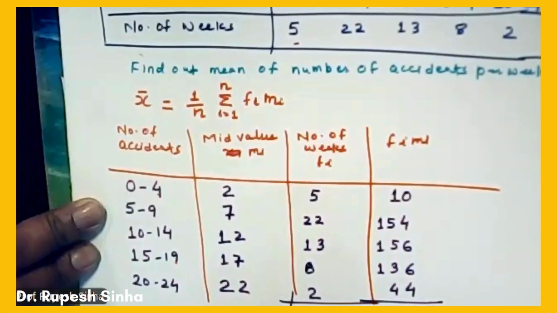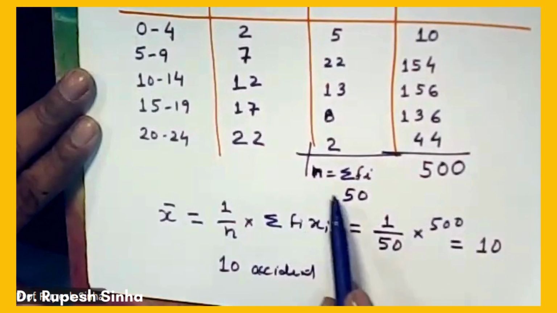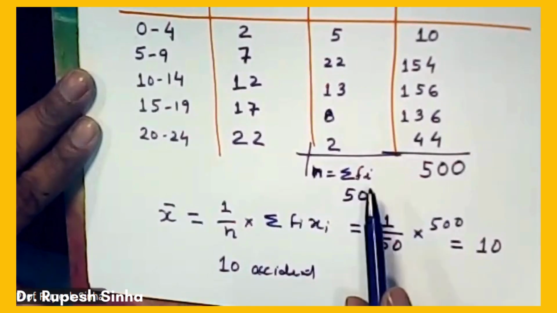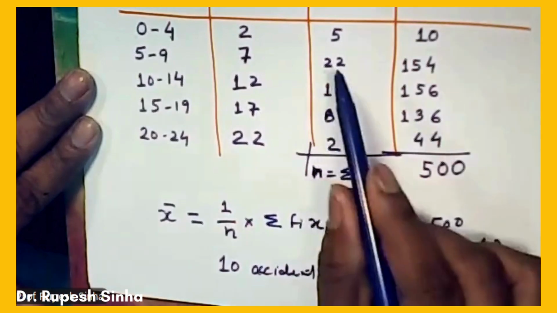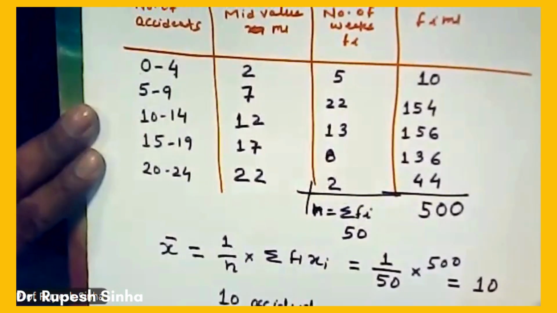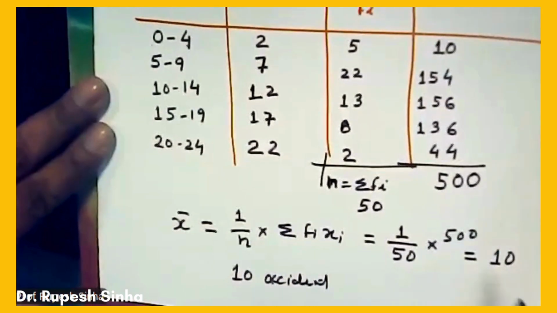So 10 accidents. So we got summation of fi, that is if you add all these things we are going to get 50. This we add, we got 500 for fi mi and we put everything into this formula. So we are getting 10 accidents per week.